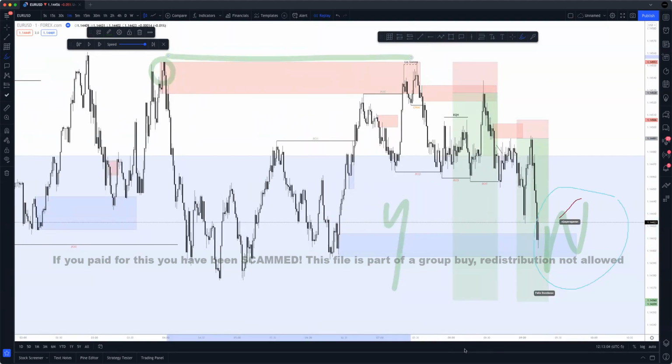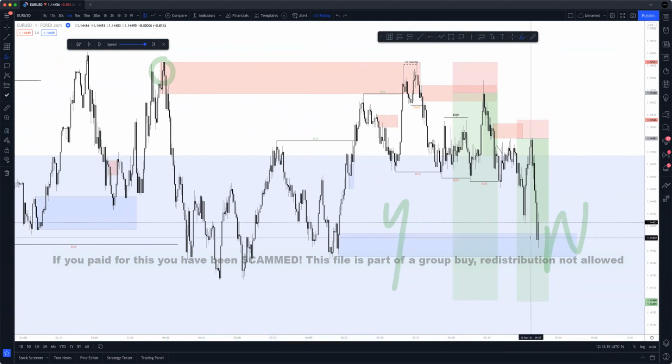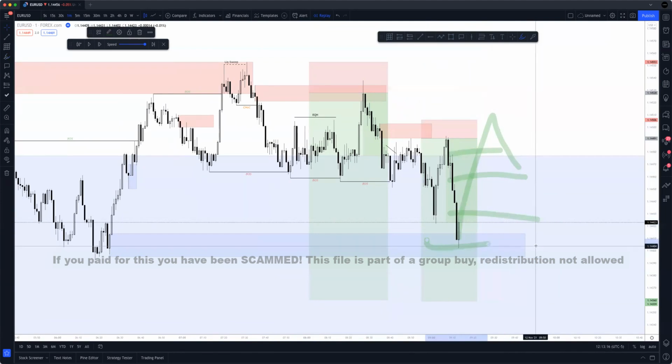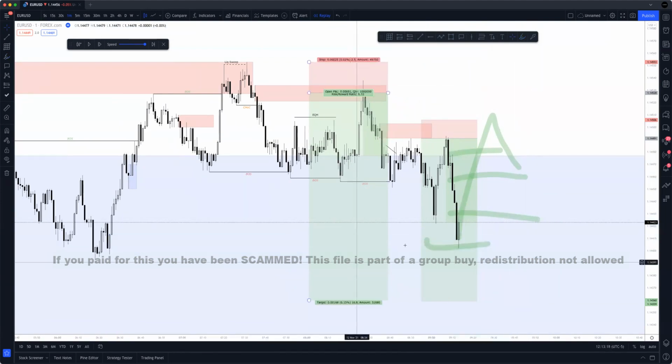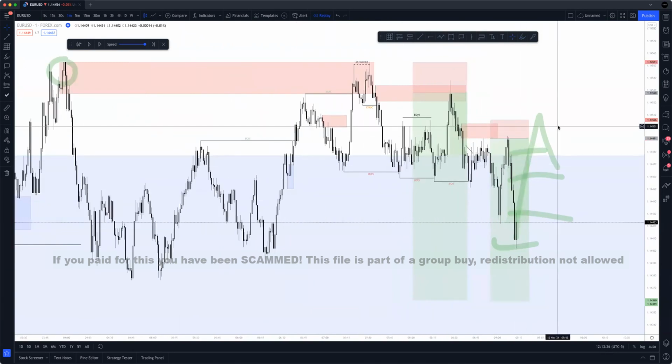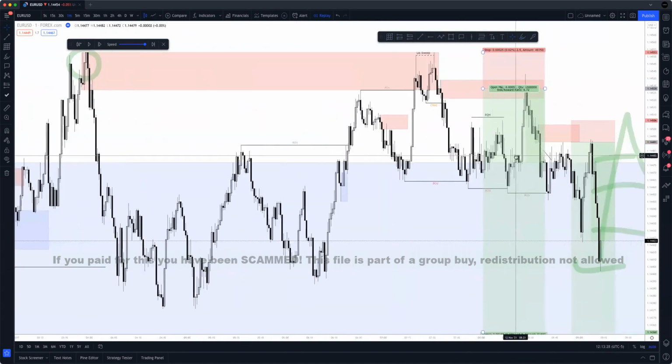No. So in all fairness, this is not a strong low, right? The only way that this could become a strong low is if we took out this supply level right here, and then we could trade from this. But this is not a strong low right now, given its lack of ability to take out the structure high.